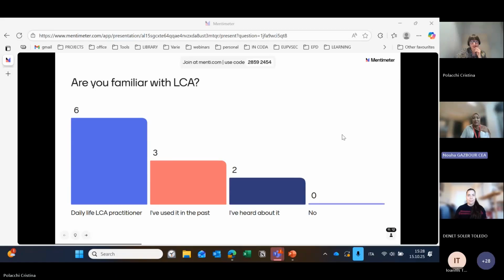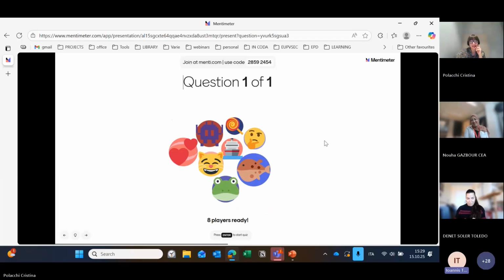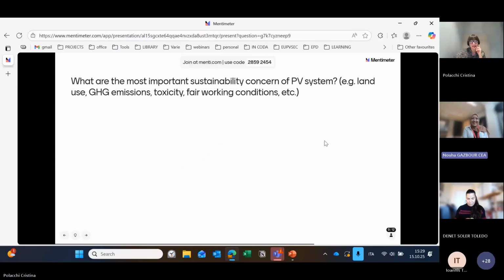But what about LCA for PV systems? That's also a question that I could have had. Have you answered if you are familiar with LCA? Okay, and in this question you can write what, in your opinion, is the most important sustainability concern of PV systems, including all the sustainability aspects that we discussed.